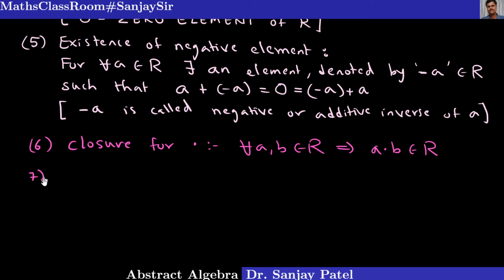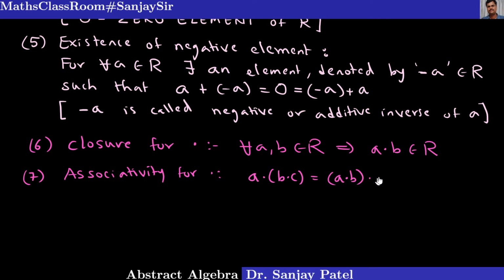And the seventh condition says associativity for dot. That is, for any three elements a, b, c, we have (a dot b) dot c is equal to a dot (b dot c). This must hold for all a, b and c belongs to R. So you can group in any manner you want. These two conditions are for the multiplication operation.